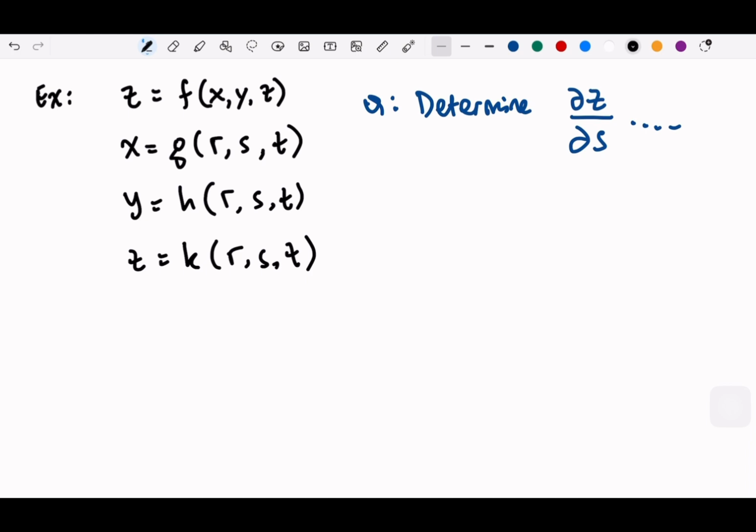So every time we have something like this, we can start off with z, taking 3 branches, x, y, z, and every x, y, and z, another 3 branches.